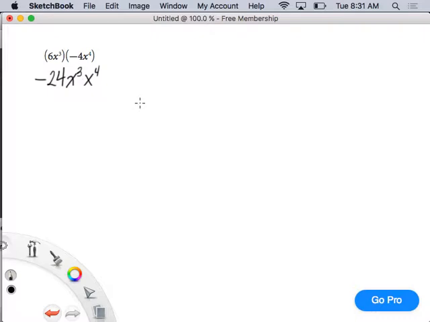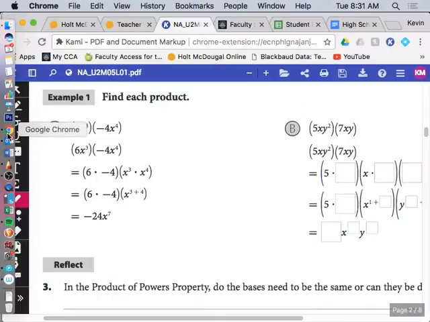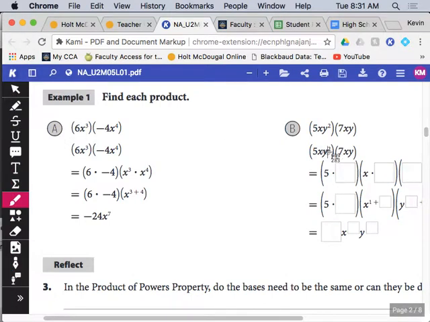Add them. So this becomes negative 24 x to the 3 plus 4 equals negative 24 x to the 7th. Simple as that. Okay? This is something that you guys have been doing for a while. It's not really anything new to you, and it is drawing on what we learned in Module 3. So that's right there in your book.